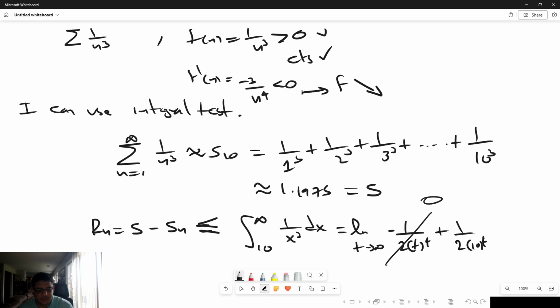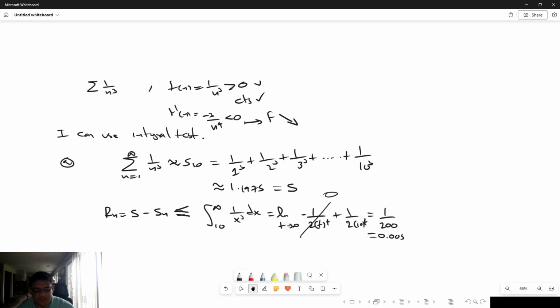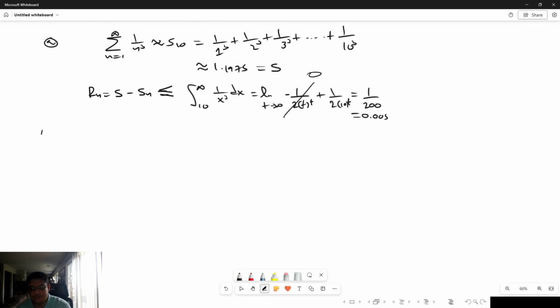This part goes to 0, and the little piece that is left here is 1 over 200. So the size of the error here is going to be at most 0.05. Okay, so that's not a lot of error, but if we want to make sure it's even less than that, this is just part A.